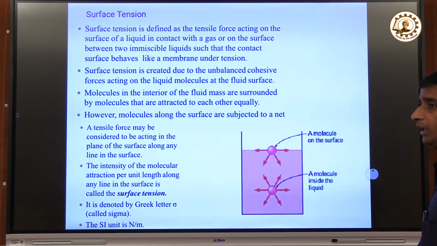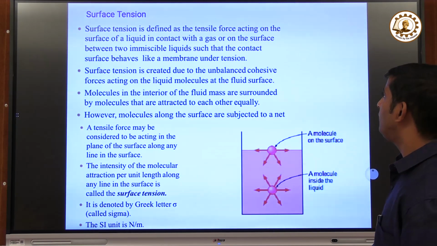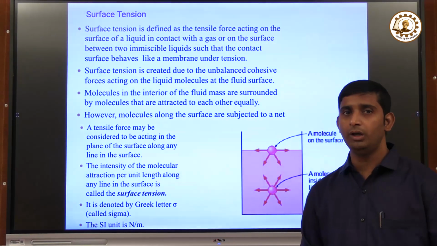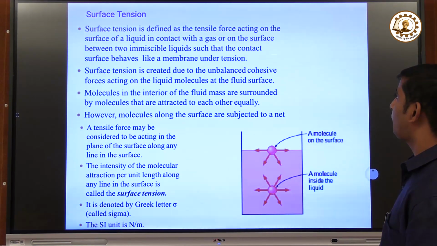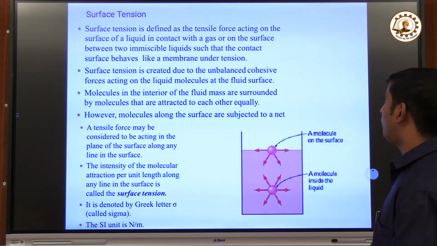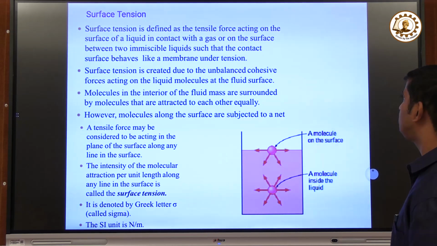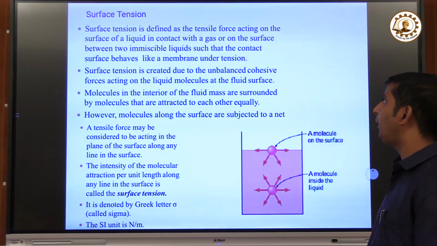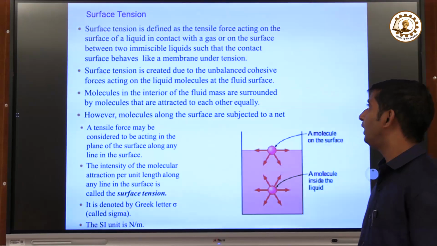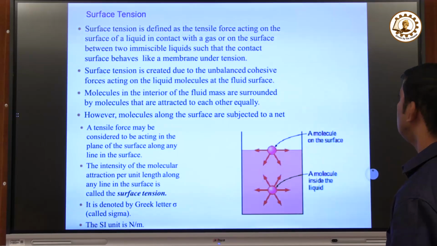What is surface tension? Surface tension is defined as the tensile force acting on the surface of a liquid in contact with gases, or on the surface between two immiscible liquids, such that the contact surface behaves like a membrane under tension.